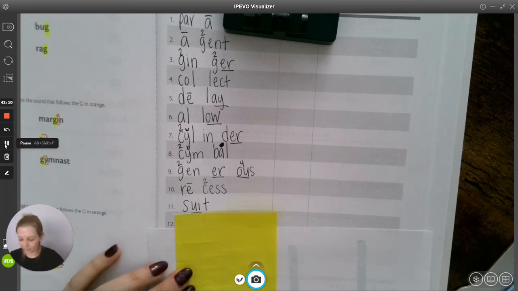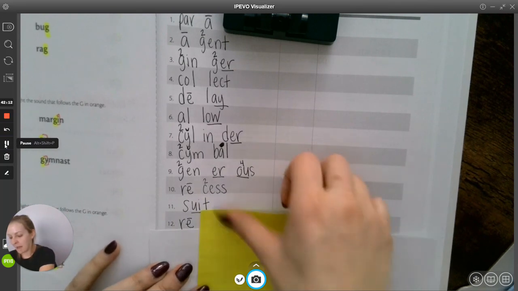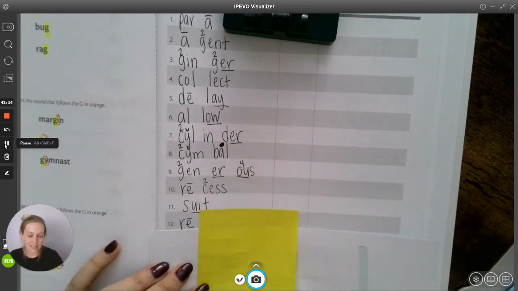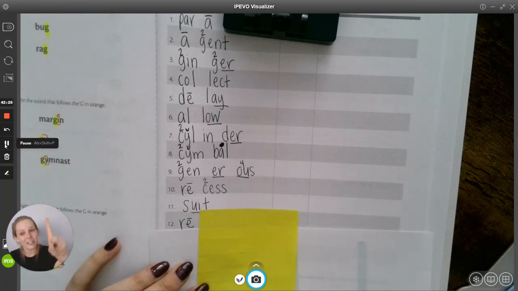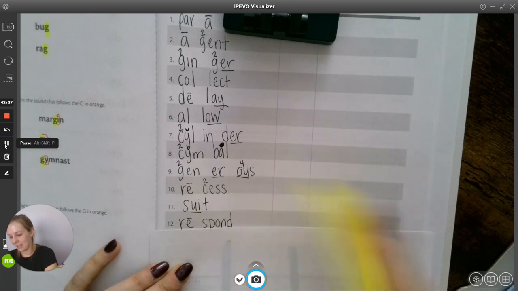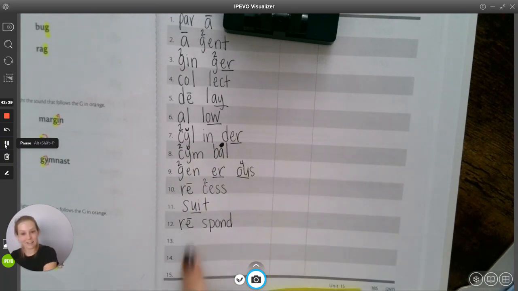E. Put that macron over the E. Second syllable is spond. Sp, a, n, d. S, z, p, a, n, d. Good. And that's where it froze last time, so let's cross fingers that doesn't happen again.